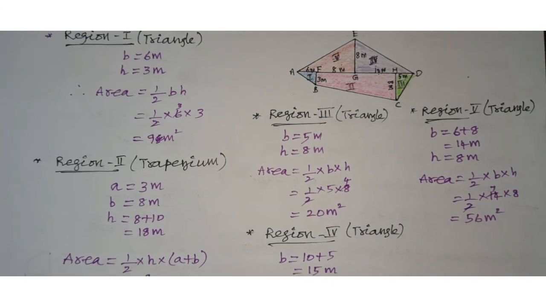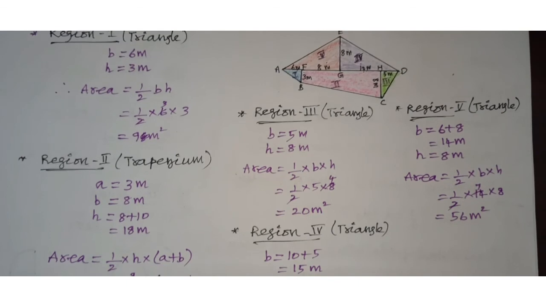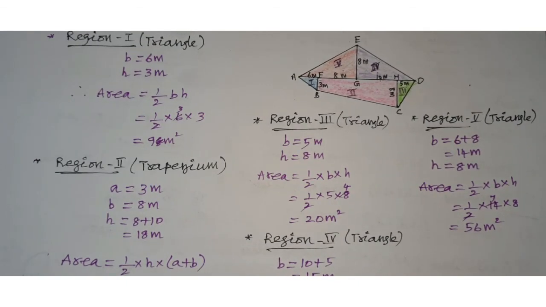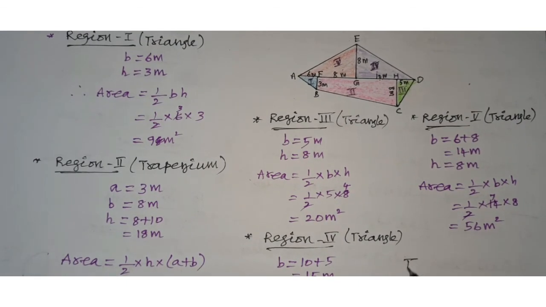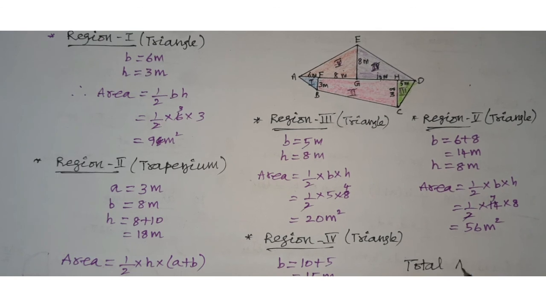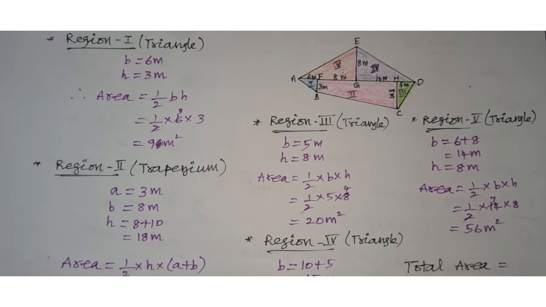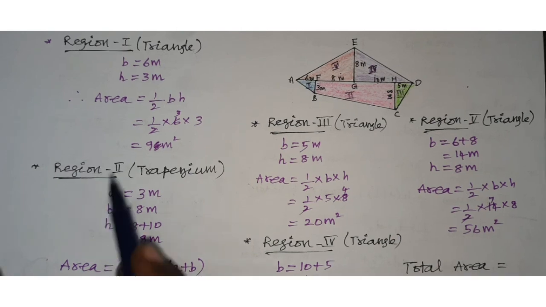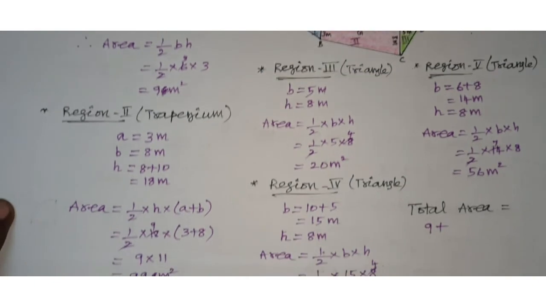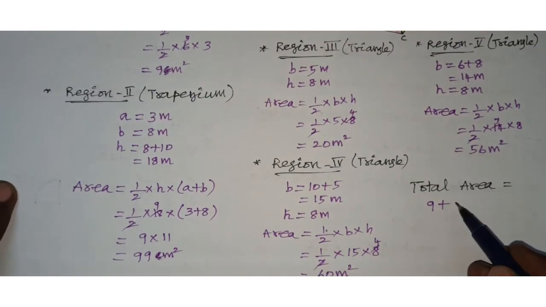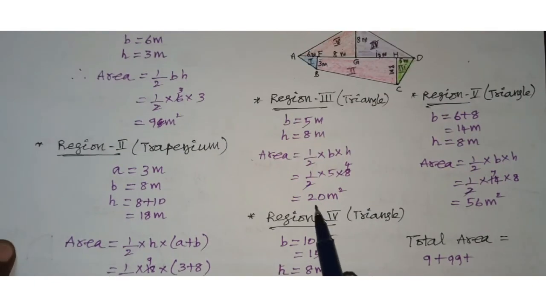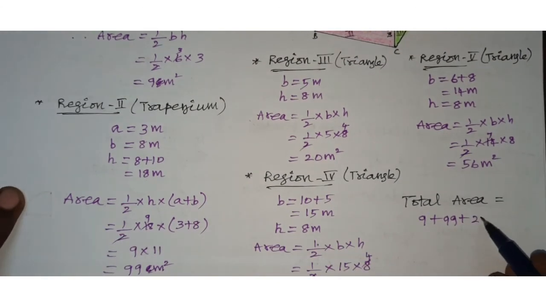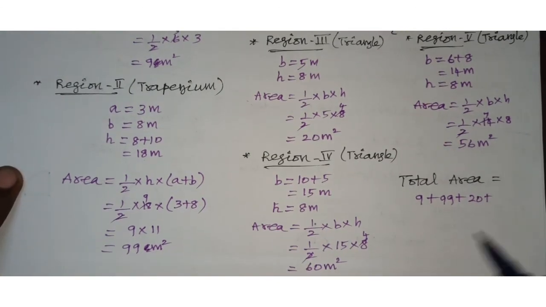So now we have found all the 5 regions' separate areas. Now for the total area we have to add all the 5 values. Total area equal to first region 9 plus second region 99 plus third region 20 plus fourth region 60 and last fifth region 56.